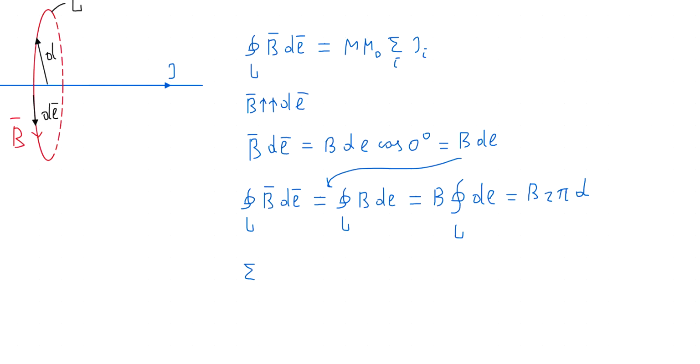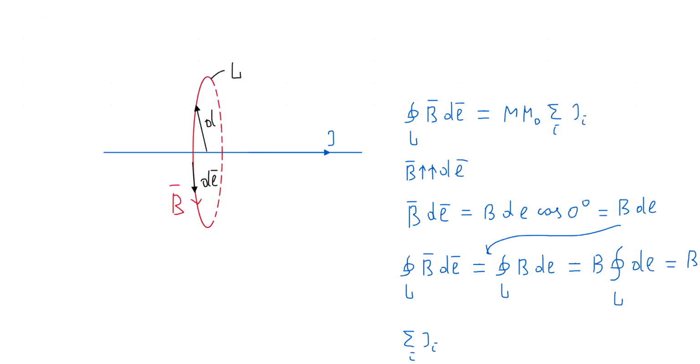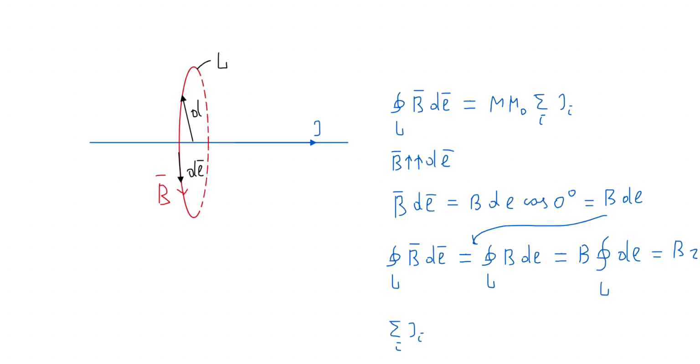This is the sum of electric currents that pass through circuit L.